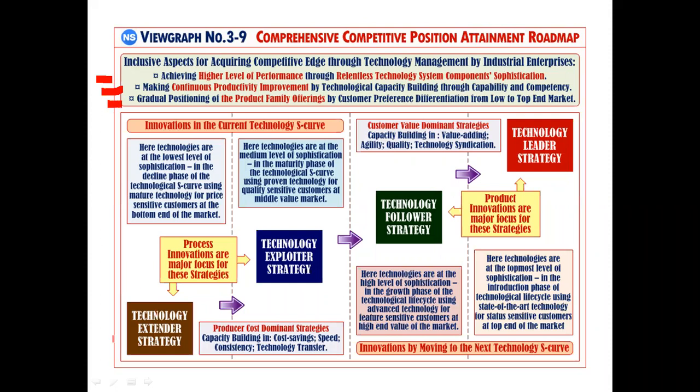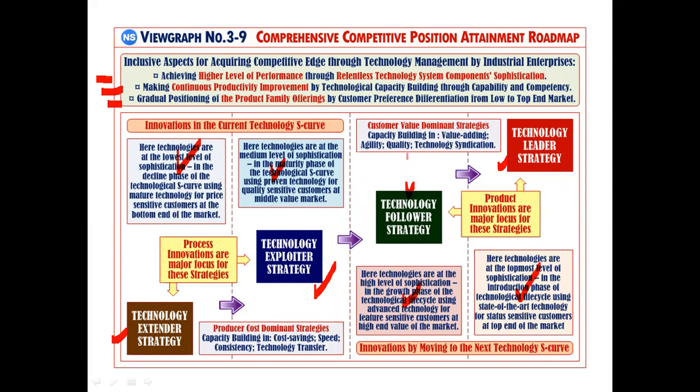Technology strategies moving from here, where we have a very low level of sophistication, to this strategy where we have a little bit better levels of sophistication, to this strategy where we have even higher levels of sophistication, to this leader strategy where we have top technology sophistication.